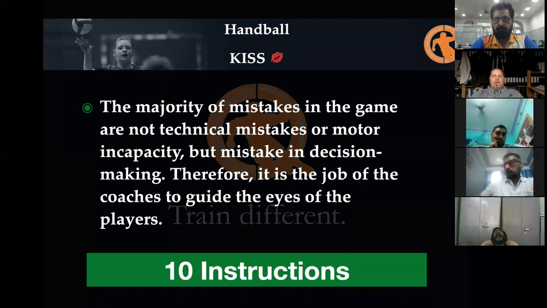So that's how the coaches have to guide the eyes of the players, because, and every one of us experienced that before, it's the players that are making the mistakes in the game, and that are making the decisions in the game. We, as the coaches, we don't decide from outside. It's always the players on the court that are making the decisions.